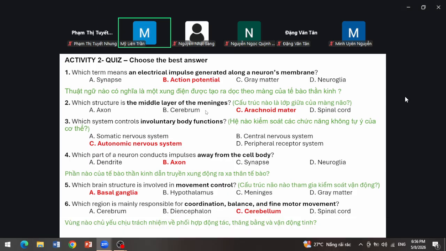The middle layer of the meninges: arachnoid mater. 3. ANS, autonomic nervous system, controls involuntary body functions.